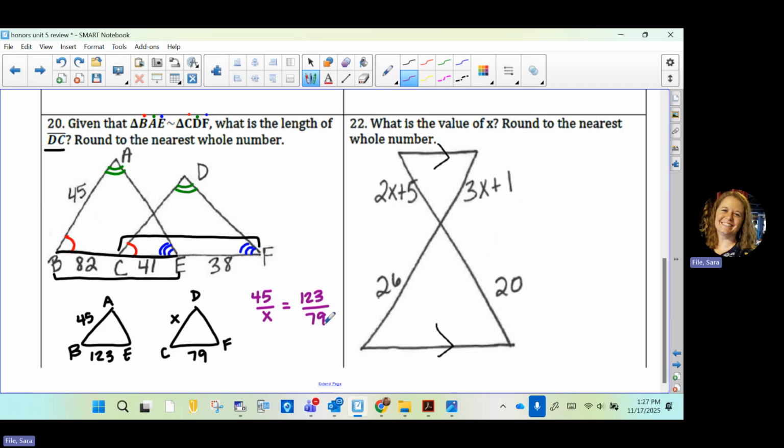Either way, I'm multiplying 45 by 79 and dividing by 123. And then it says round to the nearest whole number. So this comes out to 28.902, it keeps going. So what is the nearest whole number? 29. And this is DC.